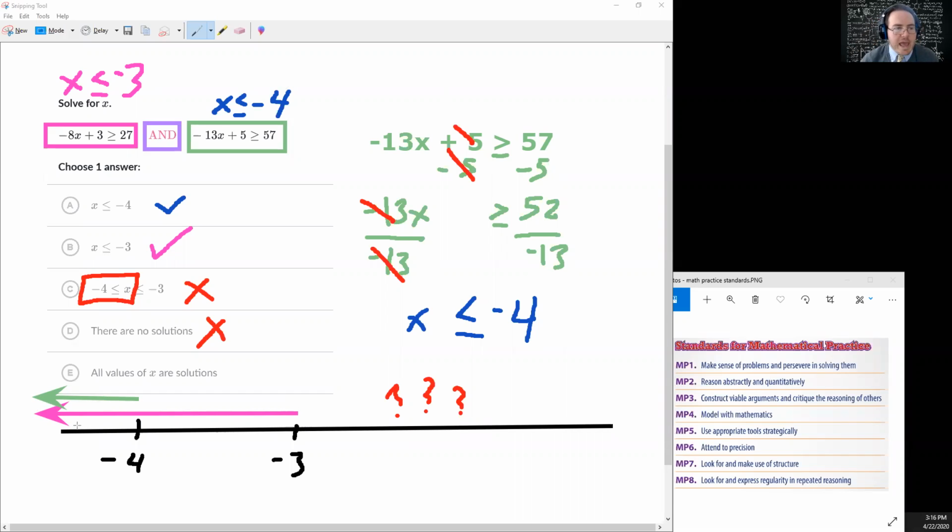So when it comes to the word and, we need to have both satisfied. So the question is, where on this number line are both things being satisfied? And the answer is right here. That's where both the lines are. So that's why the answer is actually A.